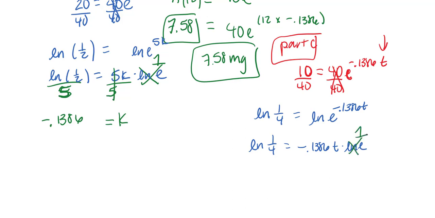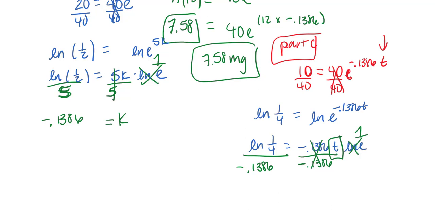This just becomes 1, which is great. Then we divide both sides by this K value, and we get t all by itself on the right-hand side.